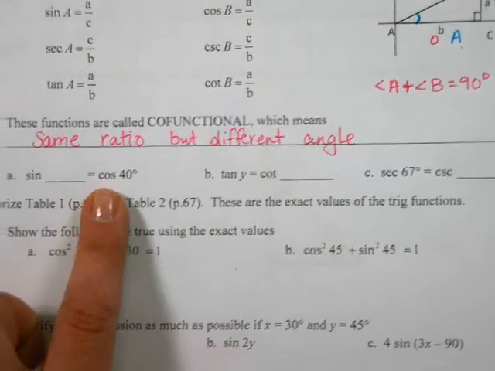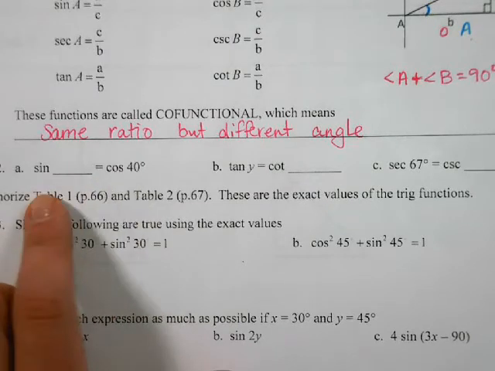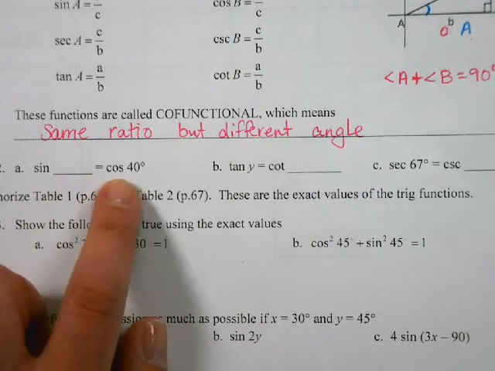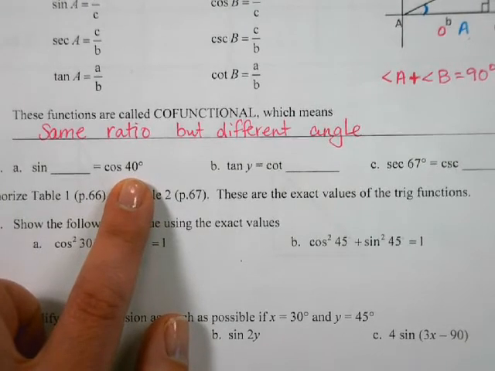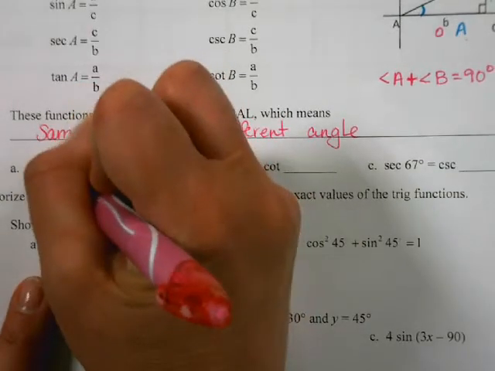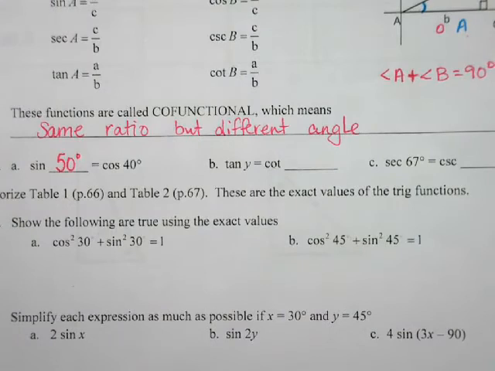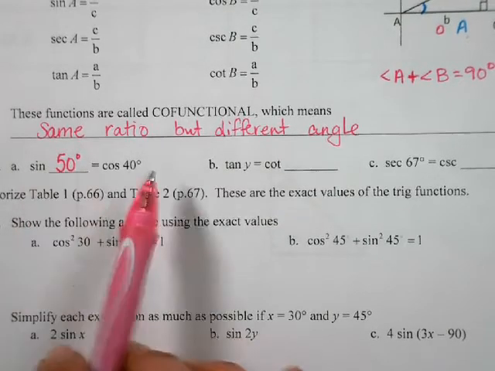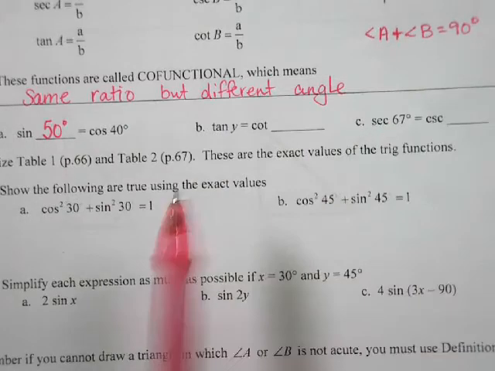All right, so look down here at example number 2. It says the sine of blank degrees is equal to the cosine of 40 degrees. It's just 50, right? Those two trig functions will have the same ratio when their degrees add up to 90. So think about A being 50 and B being 40. Okay, so let's look at the next one.